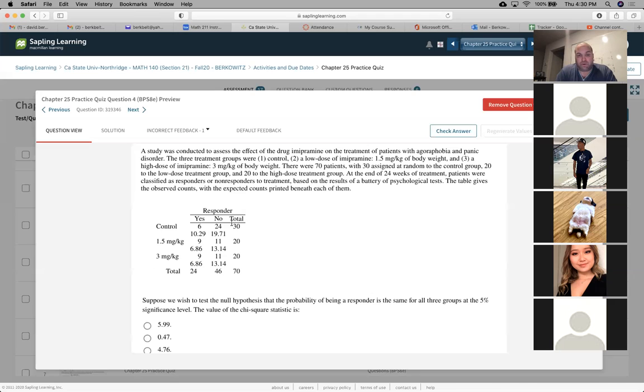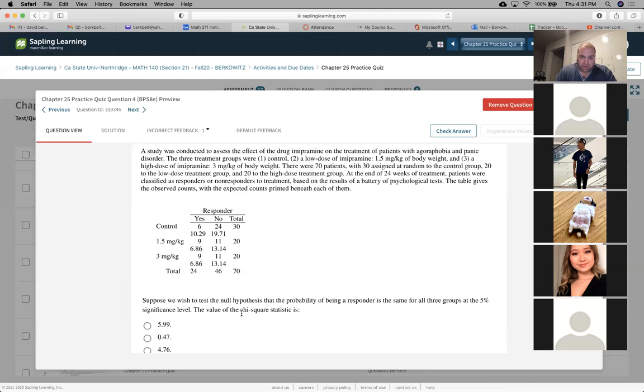You take the total for the row, which is 30, the total for the column, which is 24, you multiply them, and then you divide by the overall total, which is 70. I just did it on my calculator. I got 10.28571429, which does in fact round to 10.29. So I'll assume that the other values are correct as well.